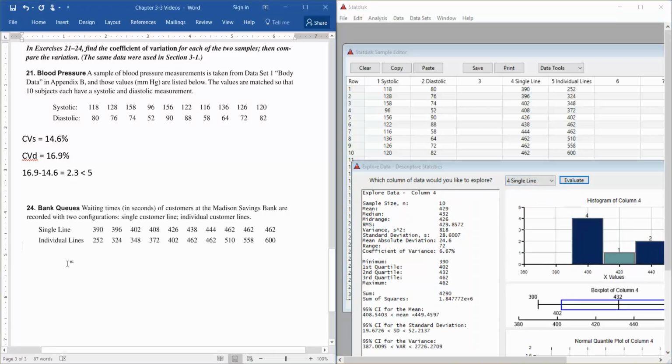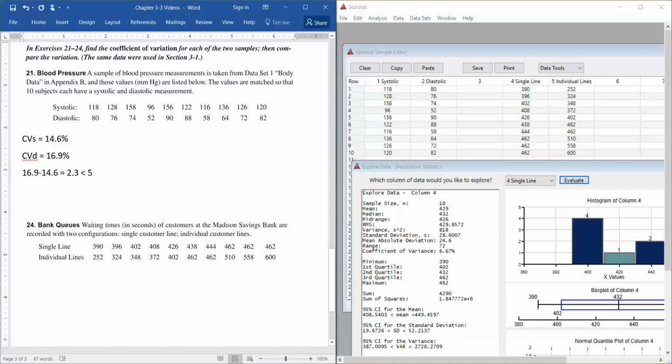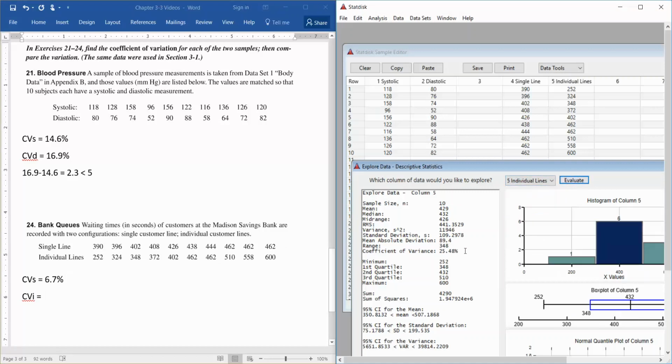And we get, well, that's not going to cooperate. So the coefficient of variation for the single line is 6.7%, and the coefficient of variation for the individual line is 25.5%.